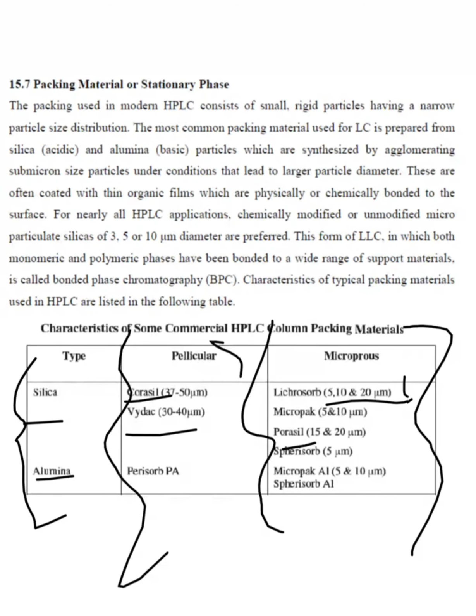For alumina you can use Pellumina, and in MicroPak, which has 5 to 10 micrometers, and Sulfate, which is also made of alumina. These are the packing materials generally used for different samples.